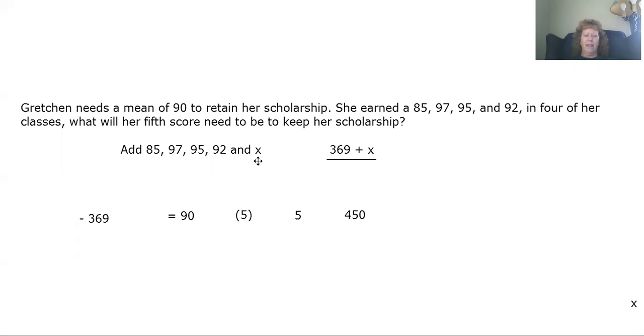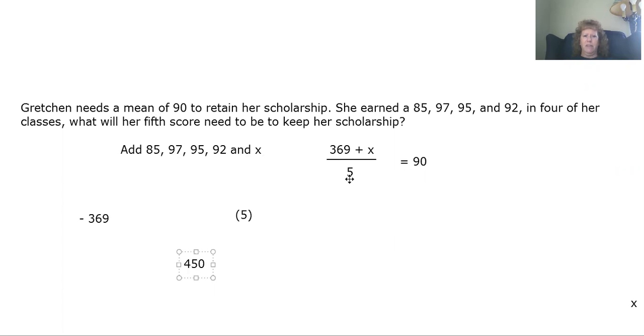So once we add these numbers together, we're going to divide by the amount of numbers we added. 1, 2, 3, 4, 5. 5 scores. So we want to divide by 5 to equal a mean of 90. And then we're ready to start doing the opposite operation.